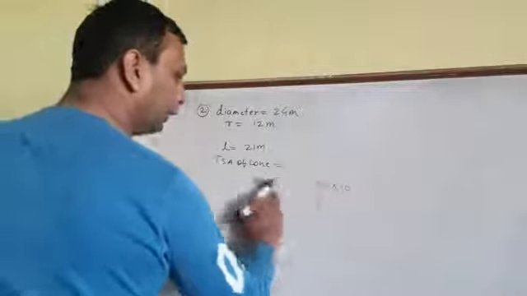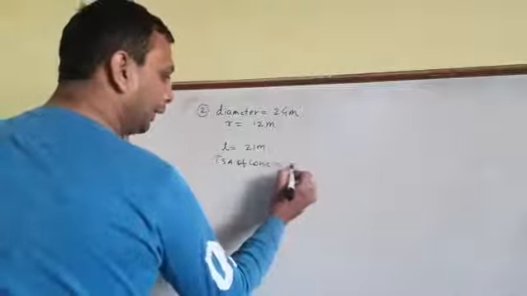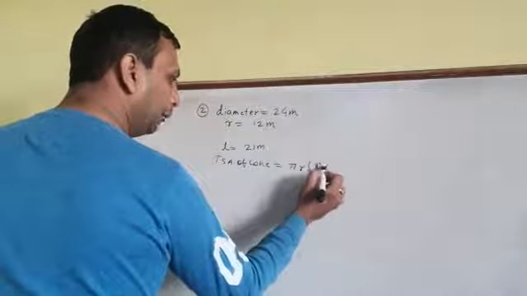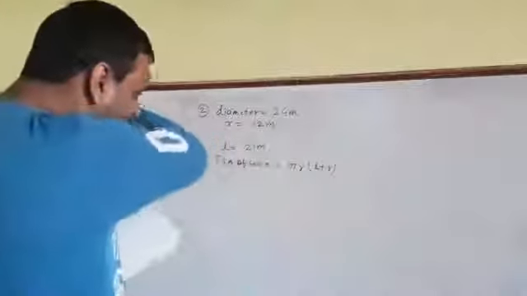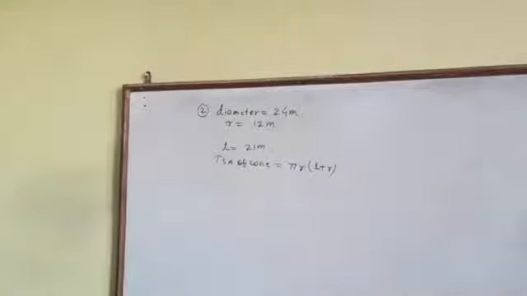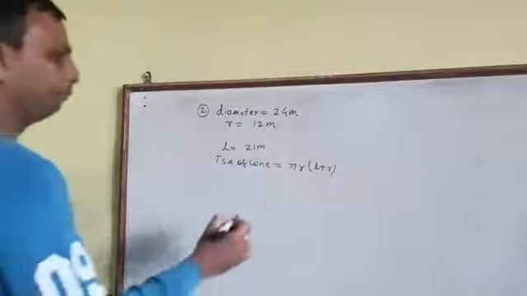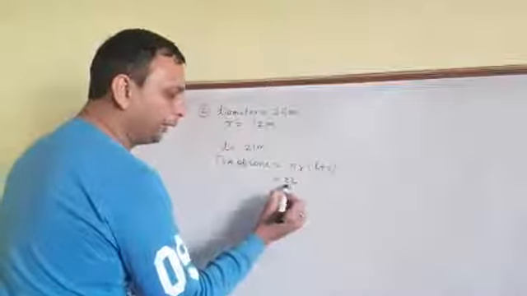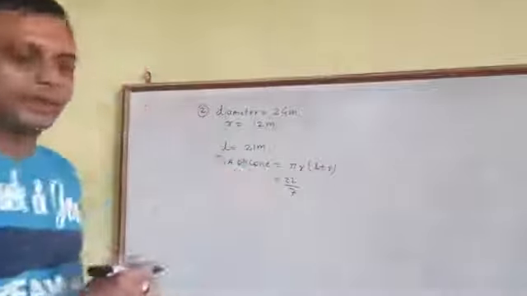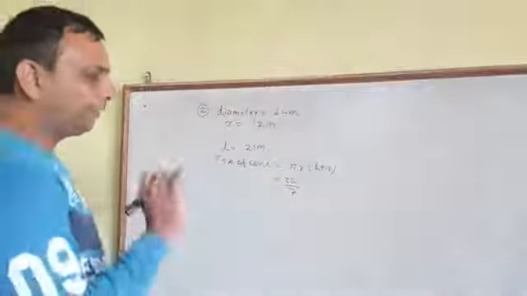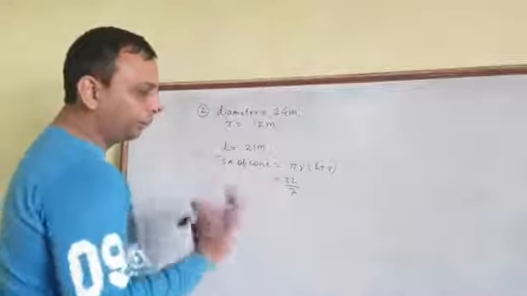That formula I already discussed with you. It is pi r (l plus r). So we can put it in the formula. Pi is, as I already told, 22/7, unless 3.14 is stated in the question. Till then we have to take 22/7.